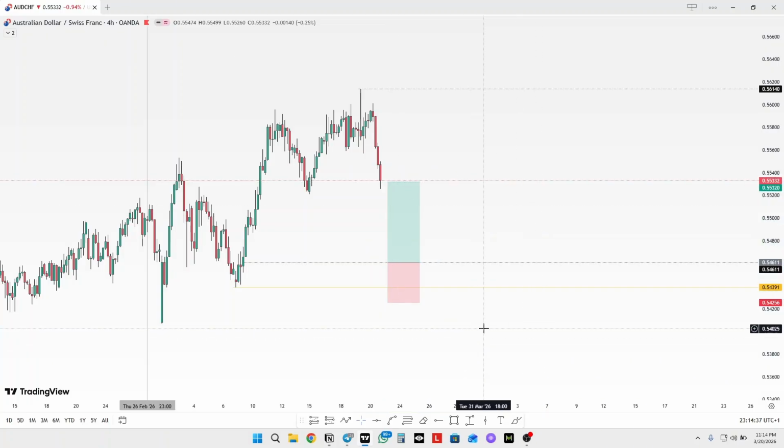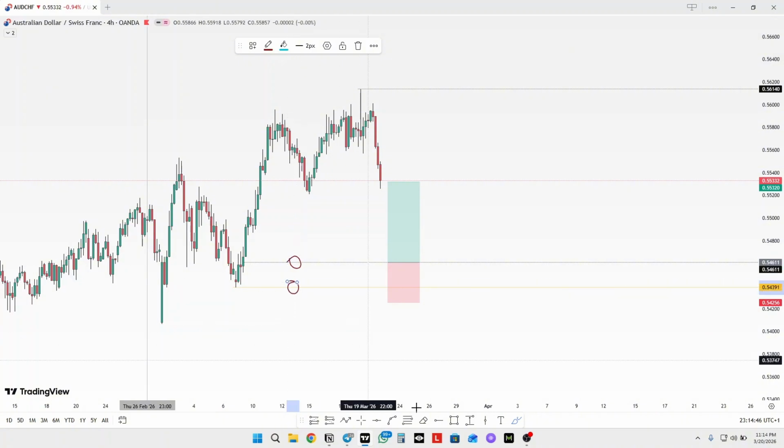So based on my experience so far, you see this level from here to here is what I call a fill zone.